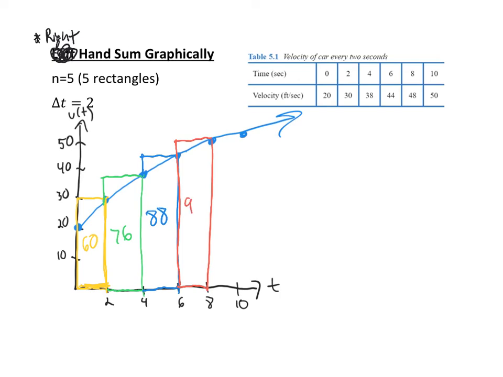This area would be 96. And from 8 to 10, we guessed 50, which again would be a rectangle above the curve. Because these rectangles are above the curve now for our right-hand sum, that's why we get an overestimate.